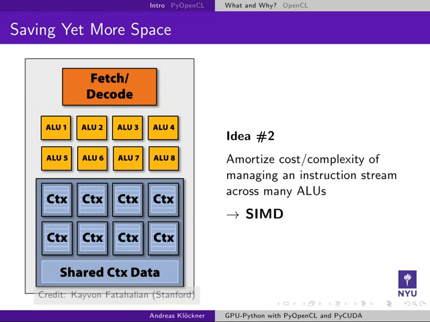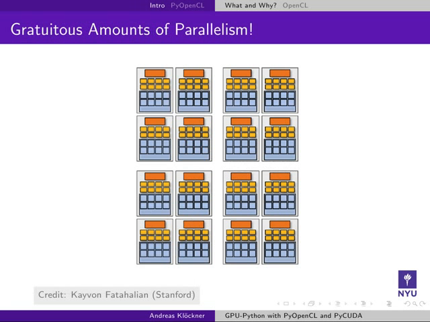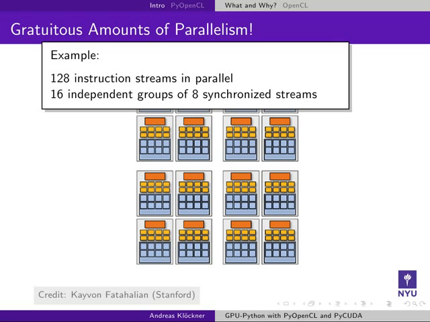Integrating that, it turns out we can not just have 16 independent instruction streams with roughly the same space that we had before. We can have 128 independent nodes, 128 instruction streams, 16 of which are sort of independent. So that's great.